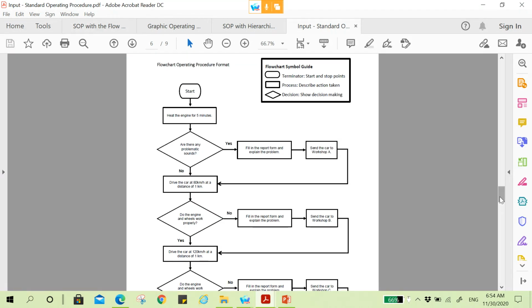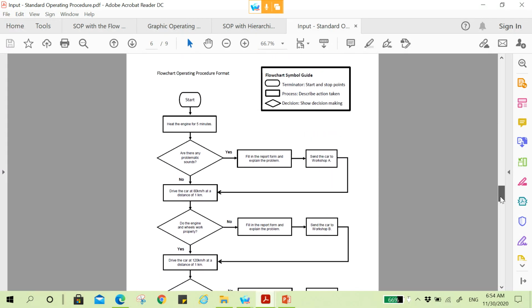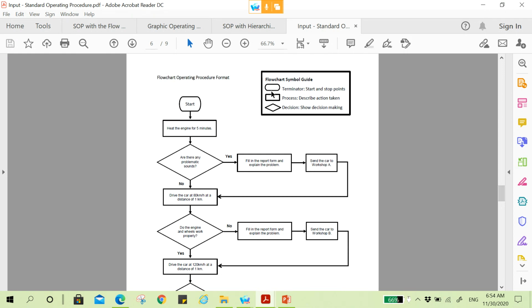Alright, so for flowchart, you guys need to use shapes in order for you to write the procedure. So if you look at here, we have, for example, here an oval, which will be for the terminator or the start and stop points.